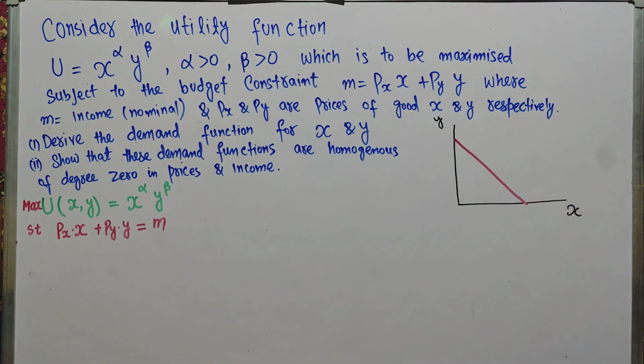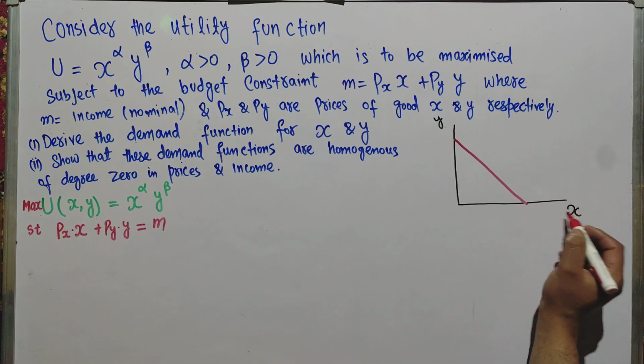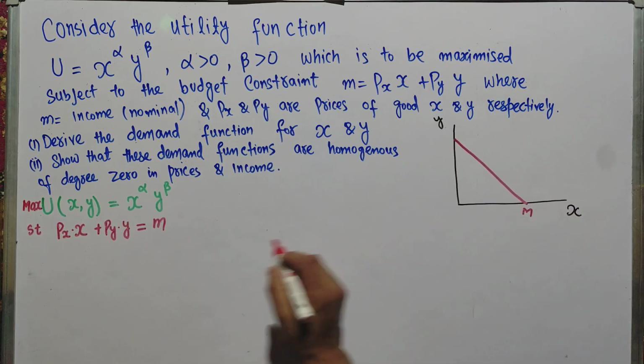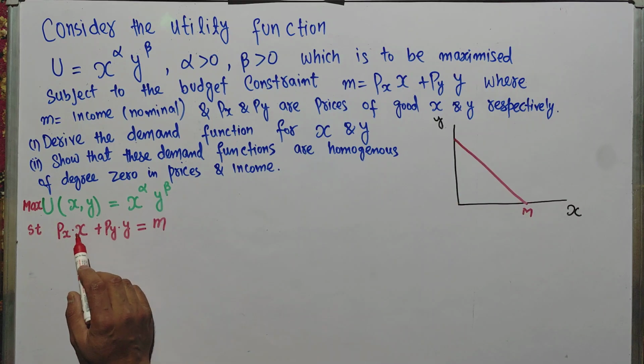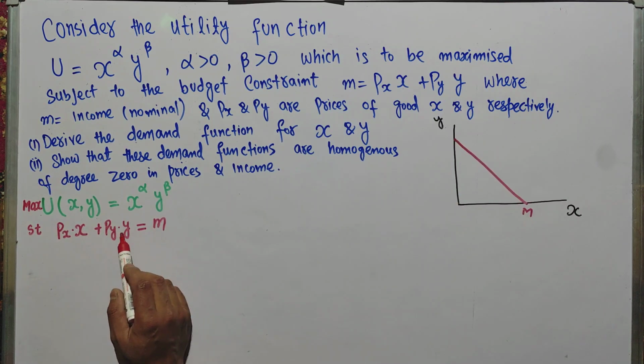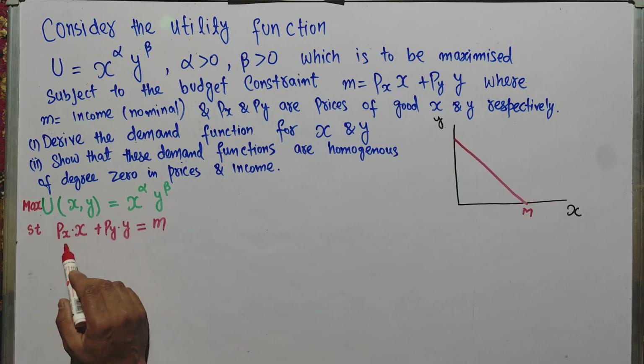This is the budget line and its intercepts will be as follows. To draw the budget line, let us put y equal to 0 first, which means x will be equal to m upon px.